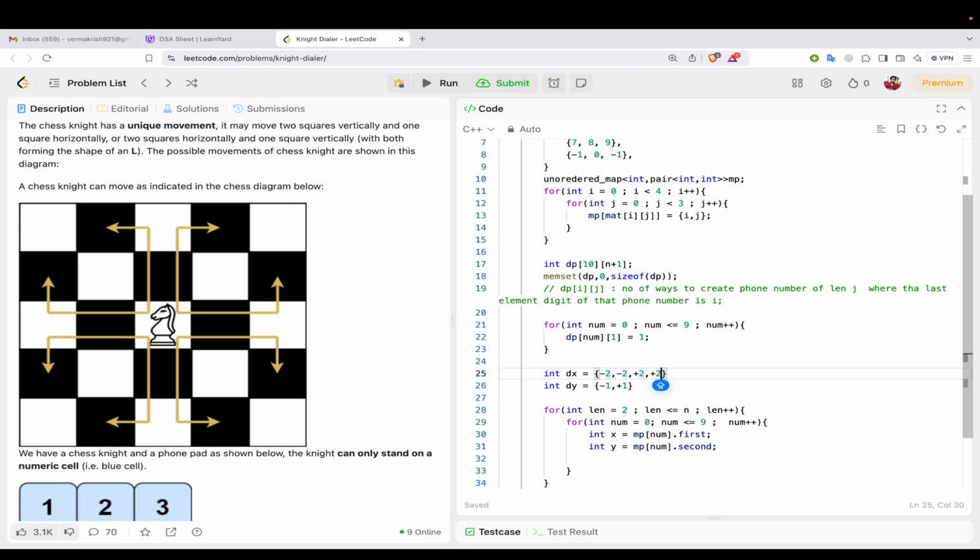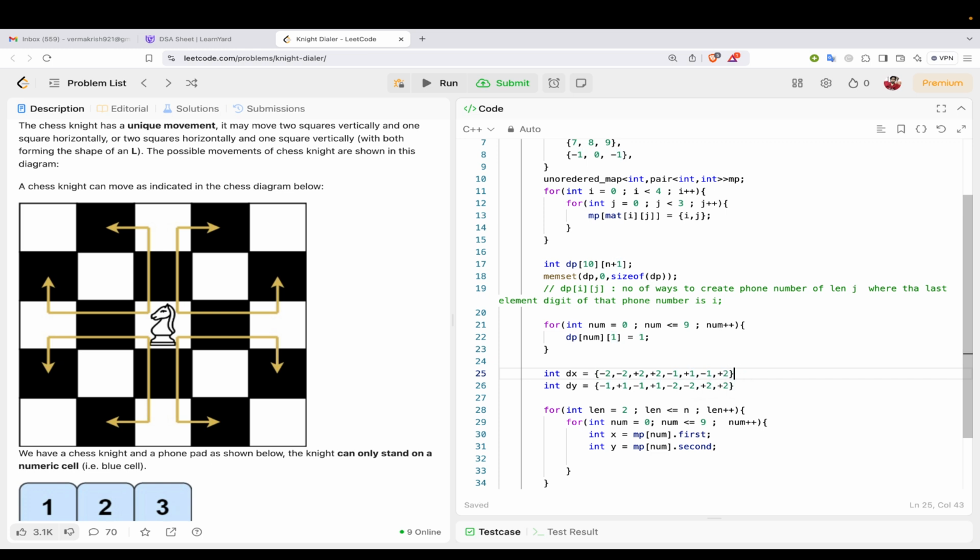So we are moving +2 on the x coordinate and -1 and +1 on the y coordinate. Similarly, for left we have -2 -2, and here -1 +1 and +2 +2. For right, -1 +1.